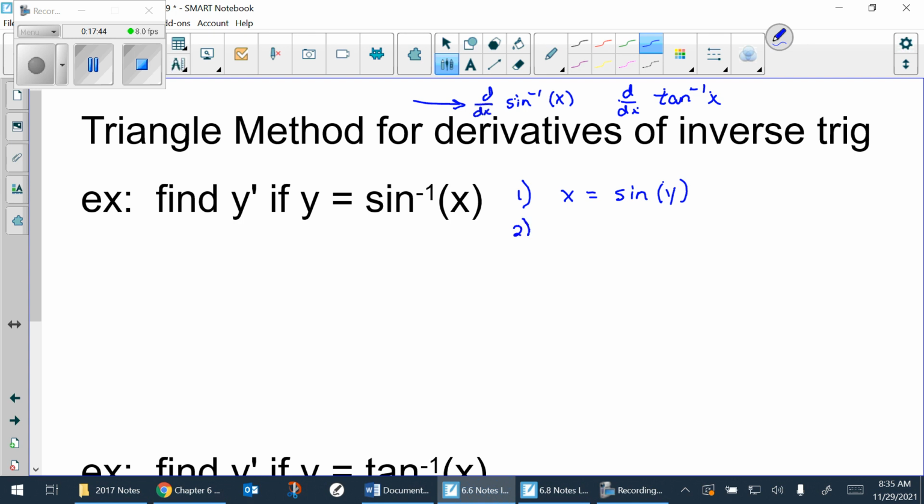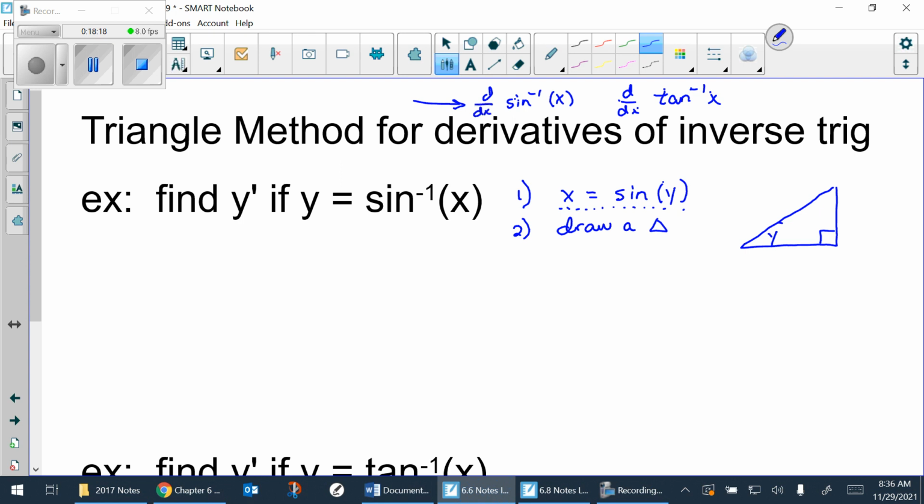Second thing we're going to do is draw a triangle. We're going to draw a triangle where x is equal to the sine of y. Same thing we just did. We're going to draw ourselves a right-angle triangle, where now the angle measure is y.